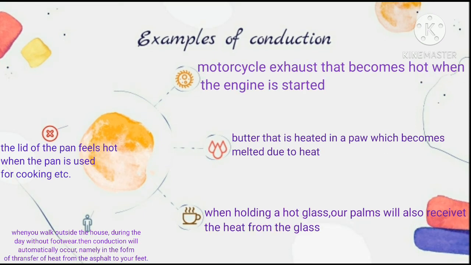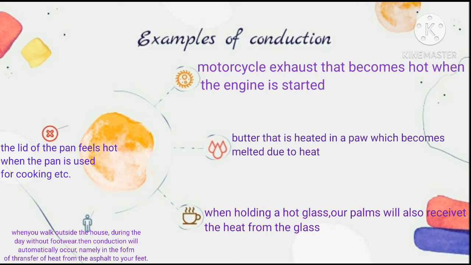Examples of conduction. One, a motorcycle exhaust that becomes hot when the engine is started. Two, butter heated in a pan becomes melted due to heat. Three, the lid of the pan feels hot when the pan is used for cooking.